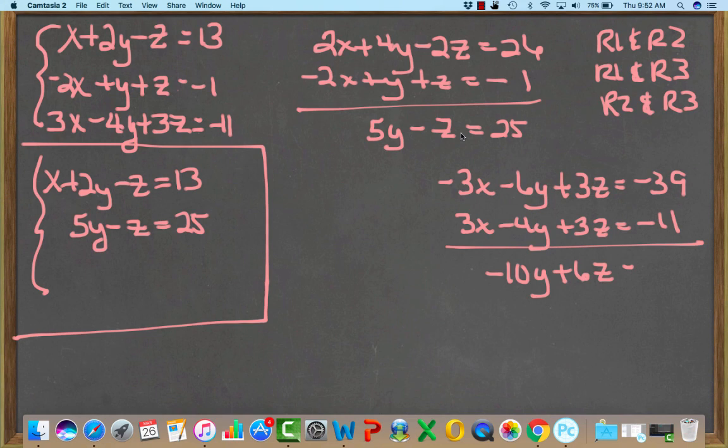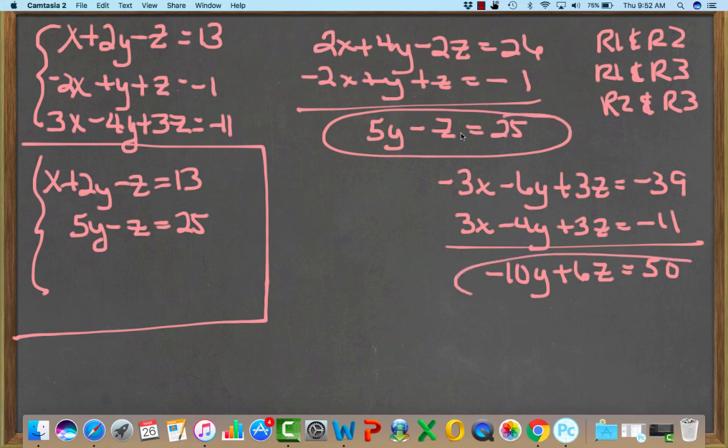So we're going to take these two, because there's row 2, and here's my new row 3, and I'm going to work with those. If I multiply 5y minus z equals 25 by 2, I get 10y minus 2z equals 50.